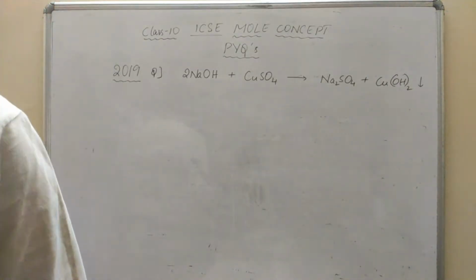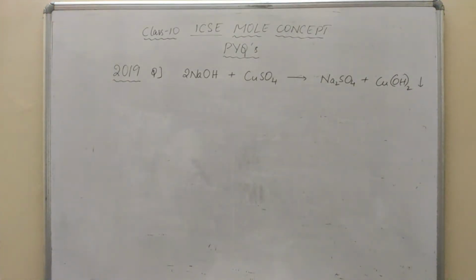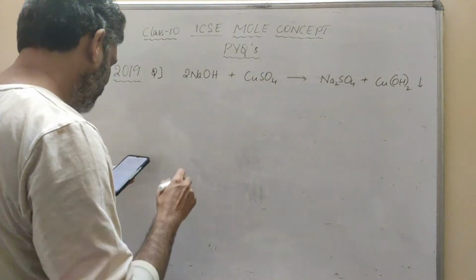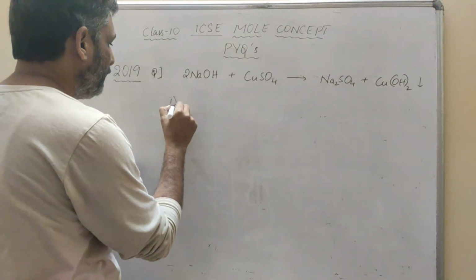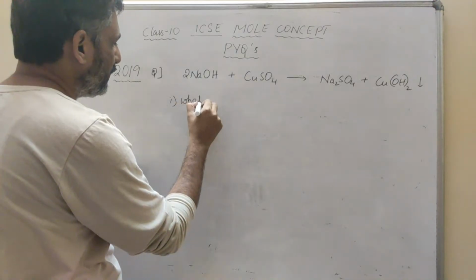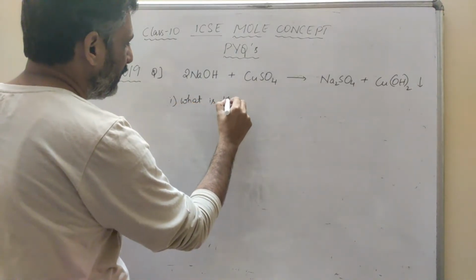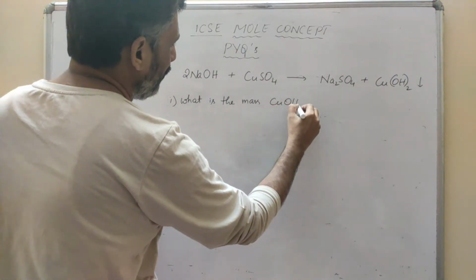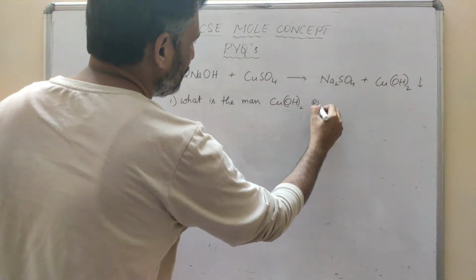That downward arrow shows it is a precipitate. So this is the reaction. He is asking what is the mass of copper hydroxide formed. He is asking us to find the mass of the copper hydroxide precipitate.